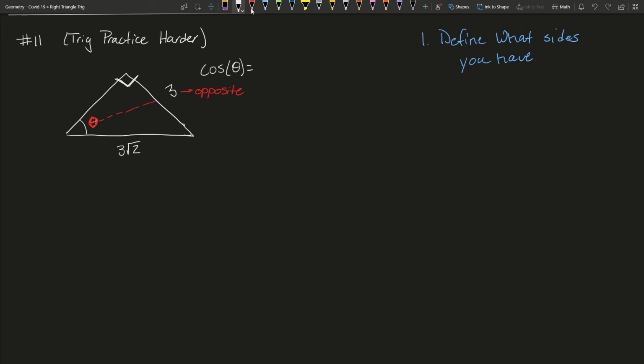If we draw a line from our right angle to the opposite side of the triangle, we get our hypotenuse. And then the leg attached to theta, that's not the hypotenuse, that's the adjacent side.